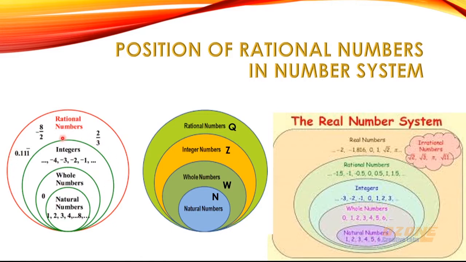Natural numbers we denote with the alphabet N, whole numbers will be W, integers will be Z and rational numbers will be Q. So the total number system consists of natural numbers, whole numbers, integers, rational numbers and two more things, real numbers and irrational numbers, that we'll study in the following years.